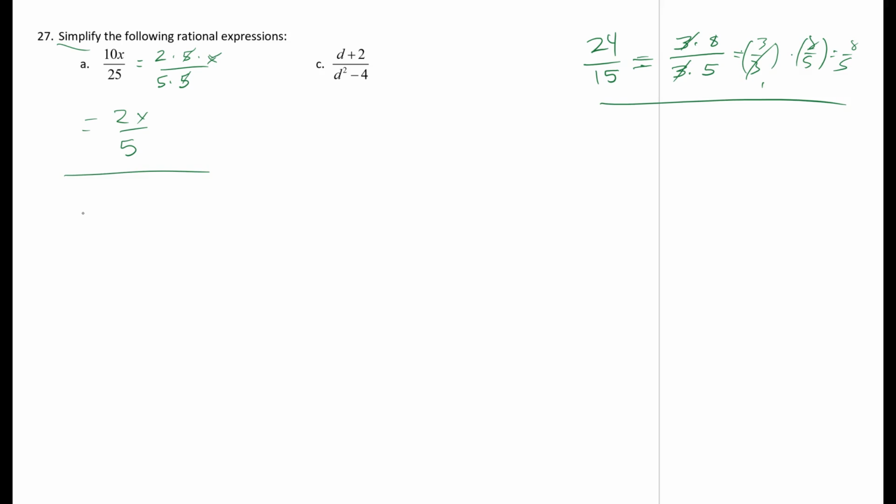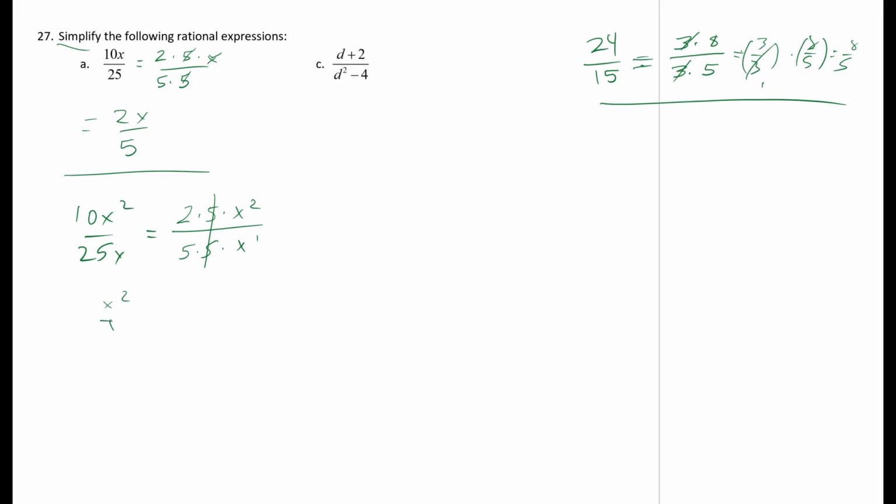If this, for example, had been 10x squared over 25x, it would have been a similar kind of idea. This would have been 2 times 5 times x squared over 5 times 5 times x. Those 5's would still cancel, but now we also have an x squared over an x, and you can subtract those exponents.